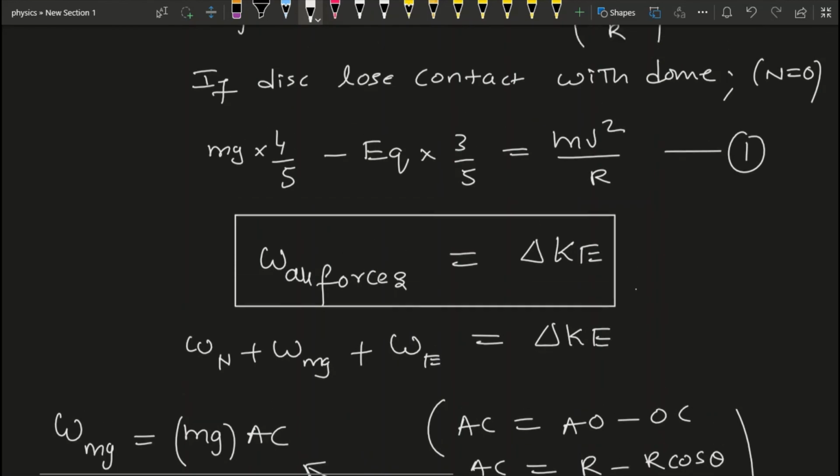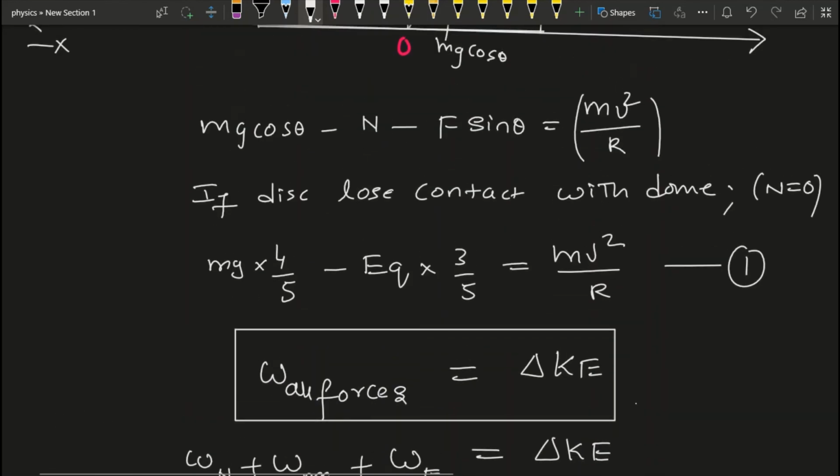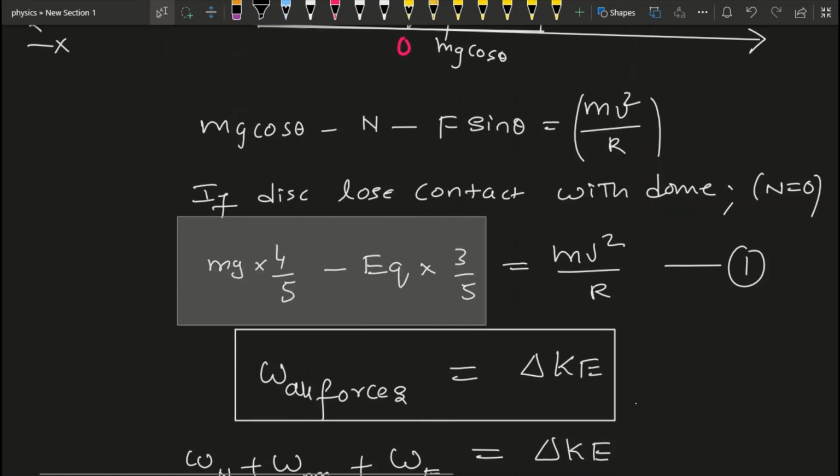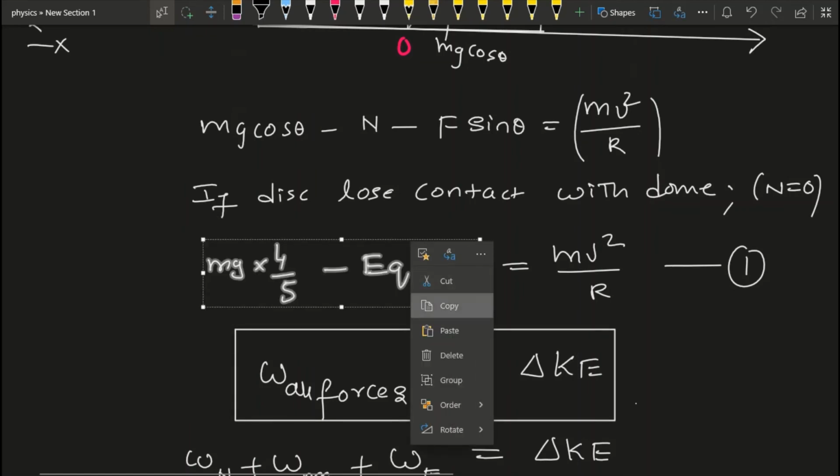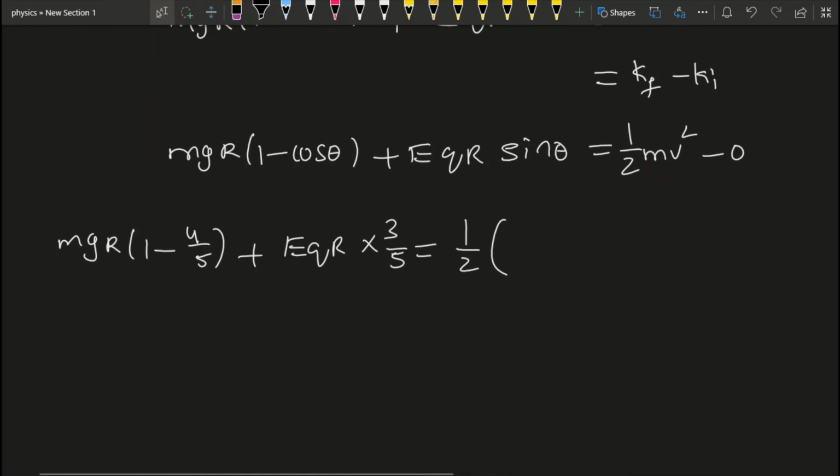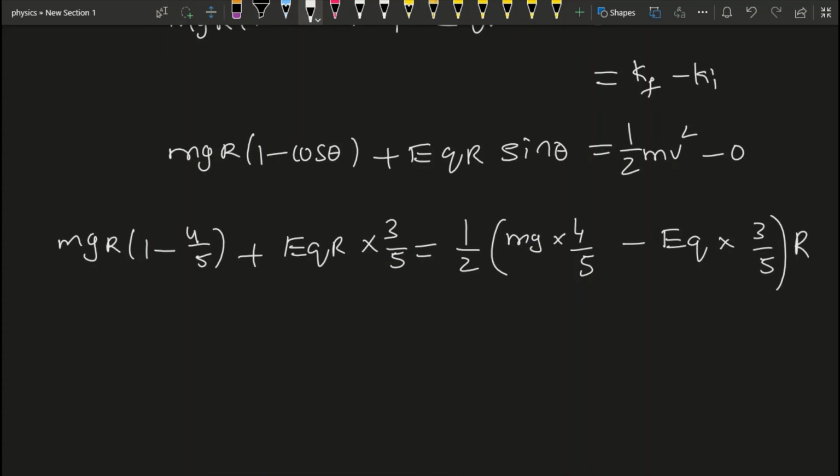So here we can see this mv square. From this we can clearly write that mv square. So this multiplied by R, that is mv square. So I'm just taking that equation and pasting it here, and if I multiply this with R, I will get the mv square value. I can find out now the value.